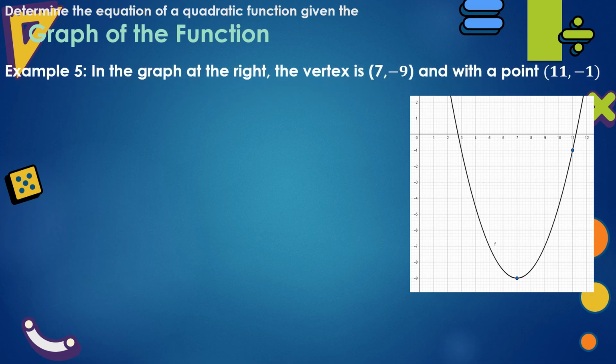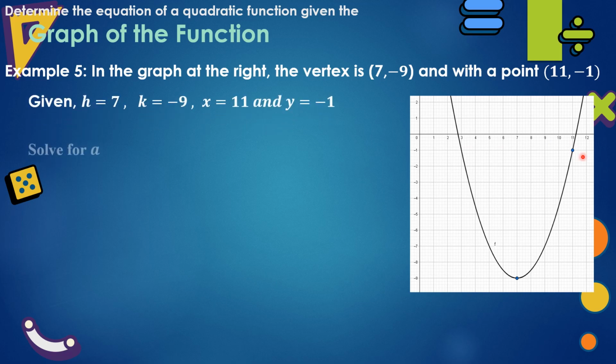Example number 5. In the graph at the right, the vertex is 7, negative 9. Let us choose the point 11, negative 1. Substitute the values.